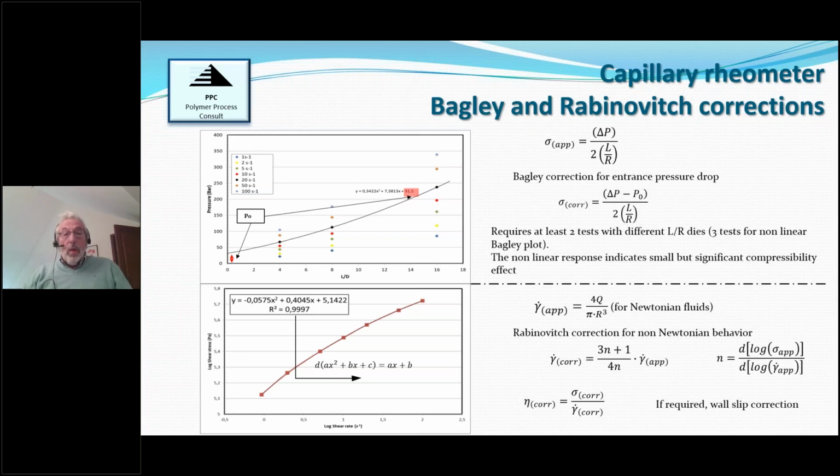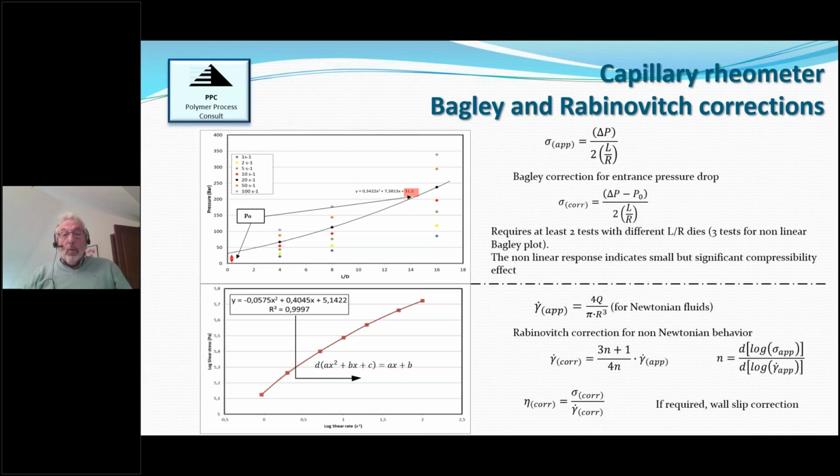The second one is the apparent viscosity correction for non-Newtonian behavior, called the Rabinovich correction. In this case, the apparent shear rate is equal to 4 times the output of the capillary divided by pi r cubed, r being the radius of the die.